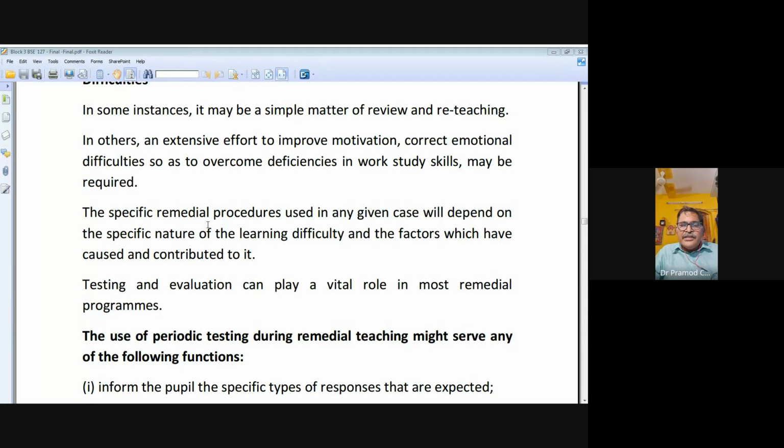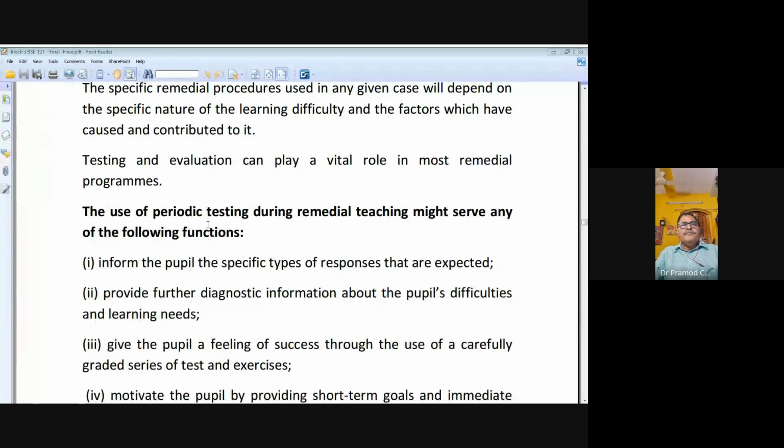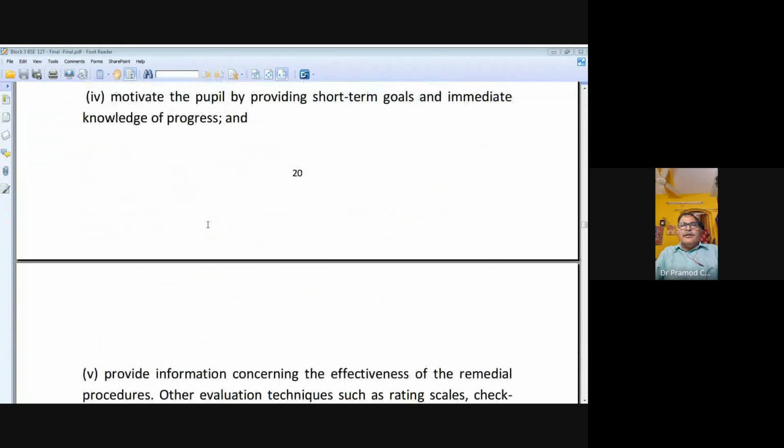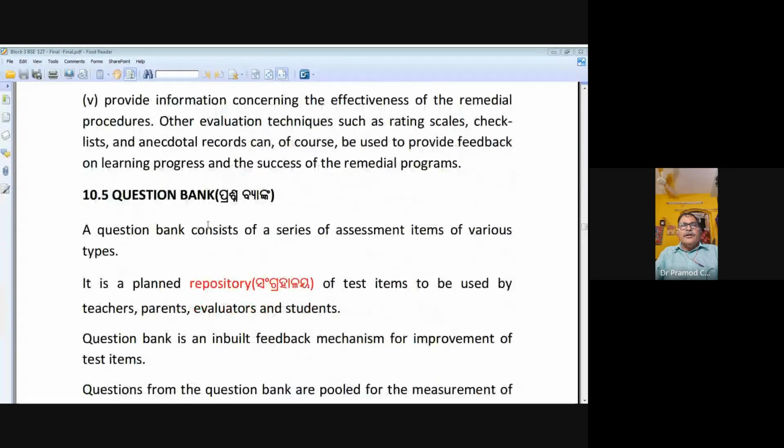If you share the sorrows and sufferings with the children, then automatically you are able to suggest. And remedial teaching is also very much essential for the eradication of the learning difficulties.